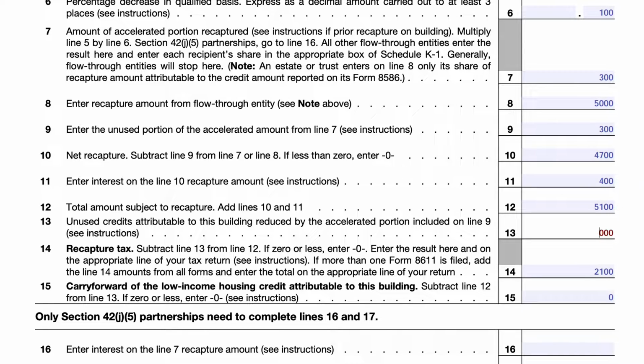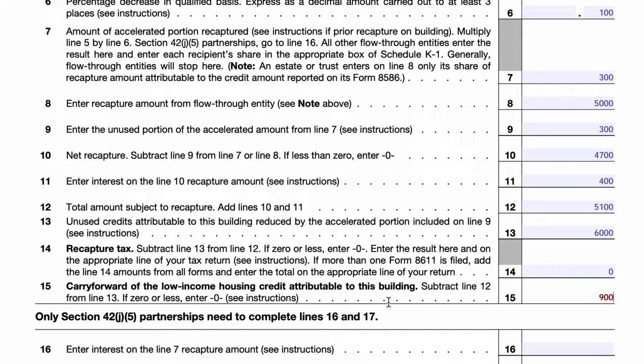Now, if this amount was $6,000, we likely wouldn't have a recapture here, but we would have a carry forward. And this would be the low income housing credit attributable to the building that you can then carry forward. And you would have to go to the instructions for IRS Form 3800, which is the general business credit, on how to report that.